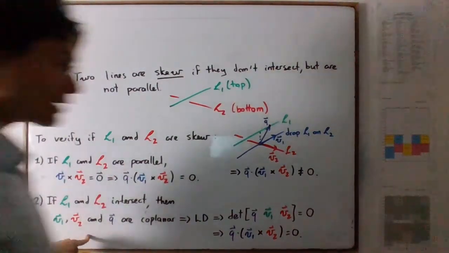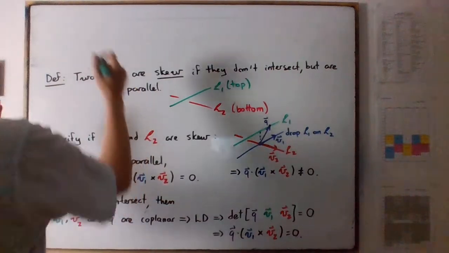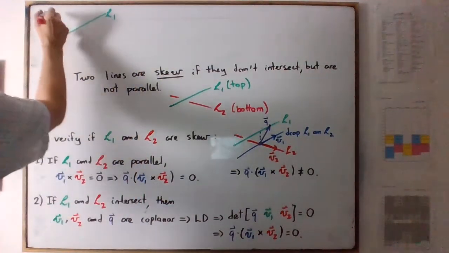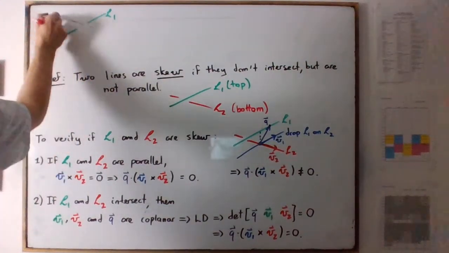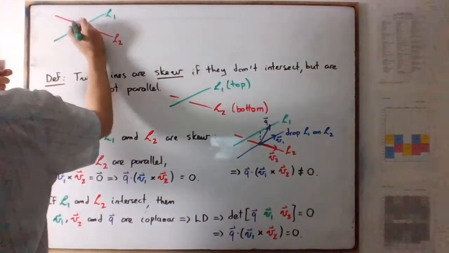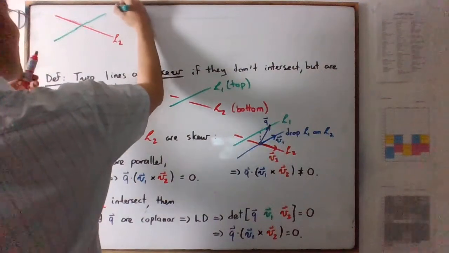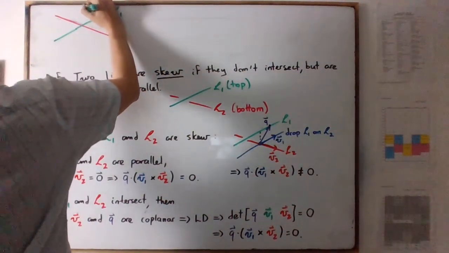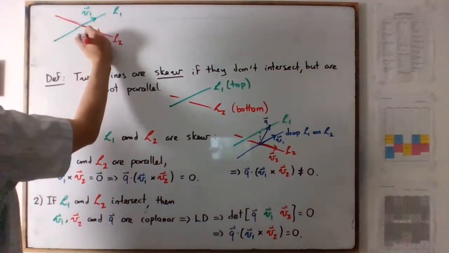So here I'm dealing with the third case, the case in which they intersect. They're not on top of each other; they straight up intersect, like this. So L2. We have the same vectors available: V1 is going to be like this, and V2 like that.